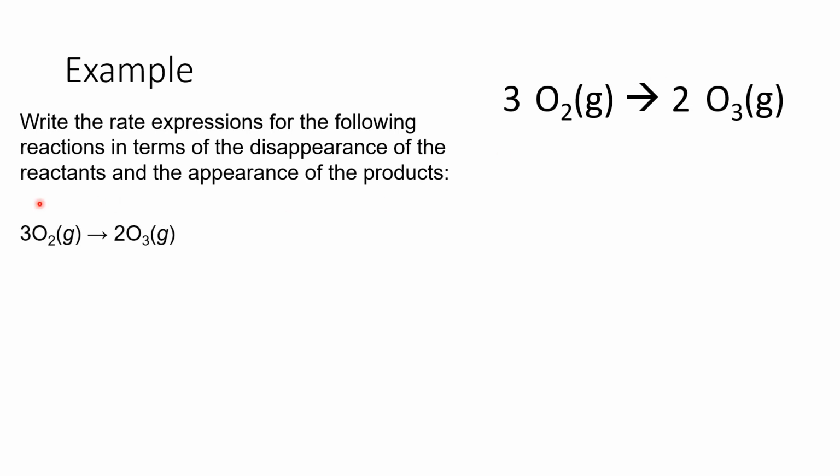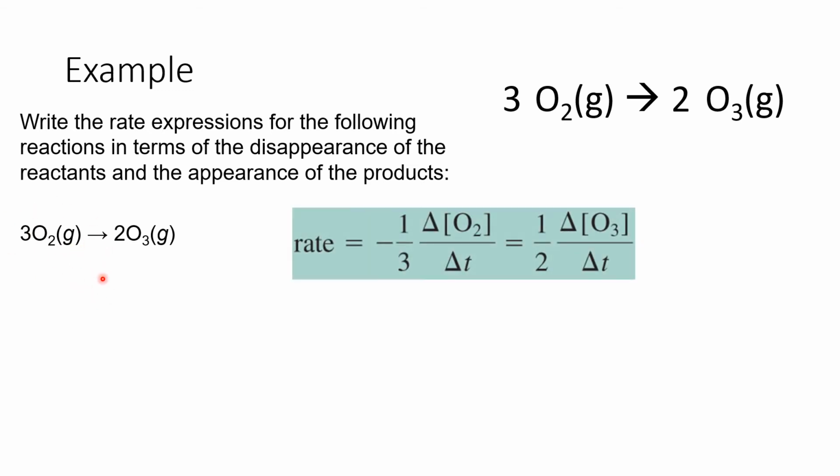Now, given this balanced chemical reaction here, I could go and lean on this equation that we had, right, on the previous slide, right? So because the coefficient is 3, well, I can say it's negative 1/3, negative because this is a reactant. This side positive 1/2 because this guy is a product here, right?